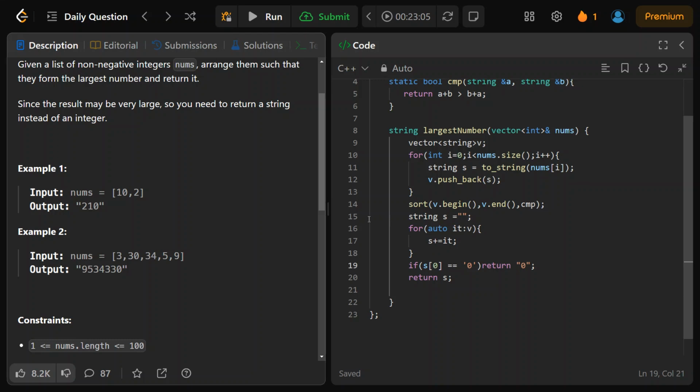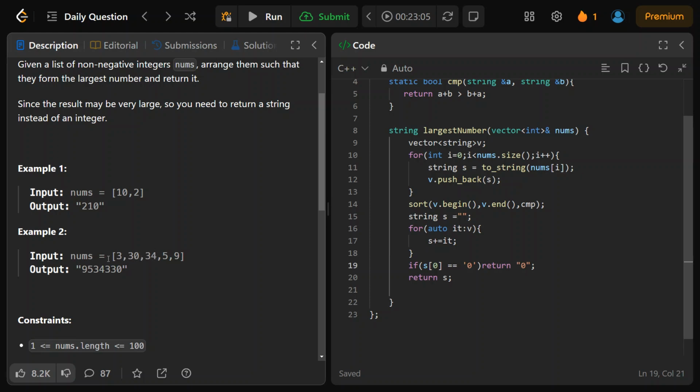Now, the first approach that comes to mind by looking at this example is that we can sort this vector v in descending order. Because descending order would sort according to the first character of each string. 9 is the first character and is the maximum among all of these, so 9 will come first, then 5, then 3, 30 and 34.